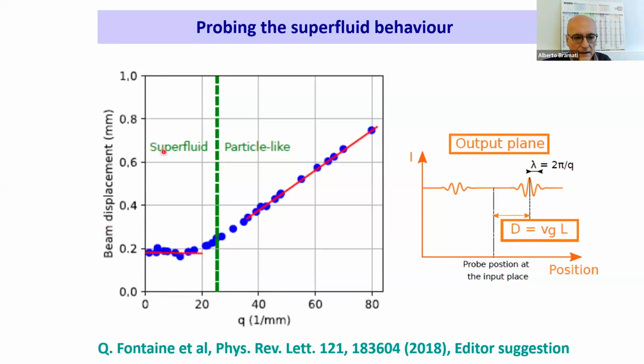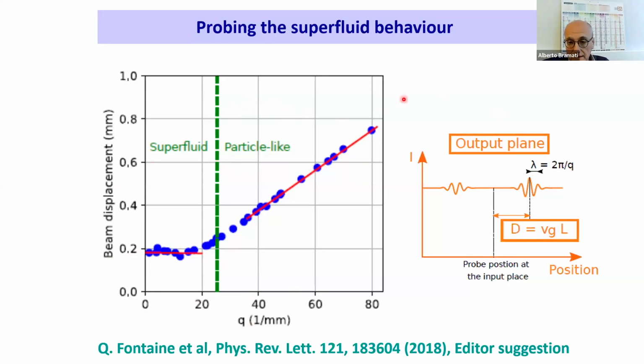But then, when we cross this value, we start to see that the displacement is linear in k, in the wave vector. This means that here we have a superfluid behavior, and here we recover the standard particle-like behavior. So this is the displacement.